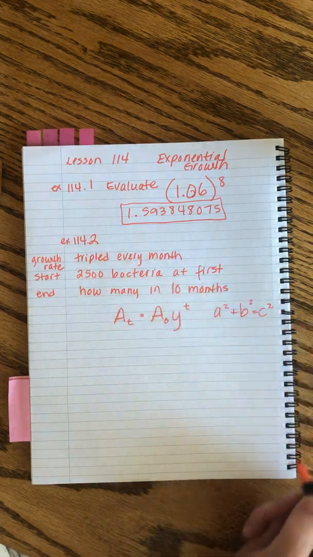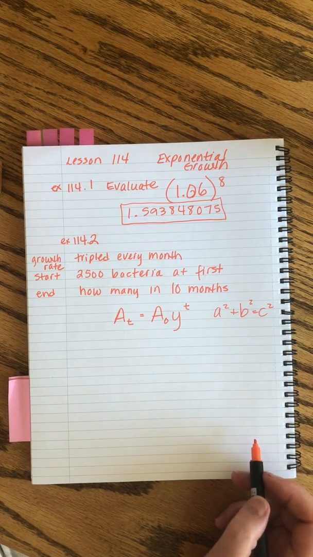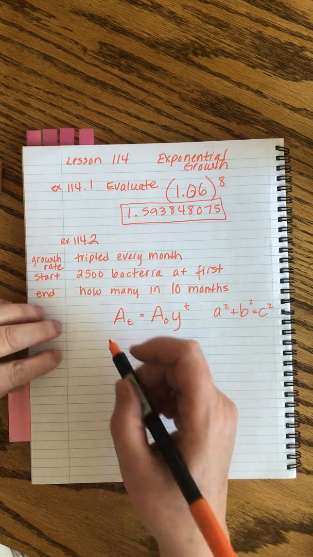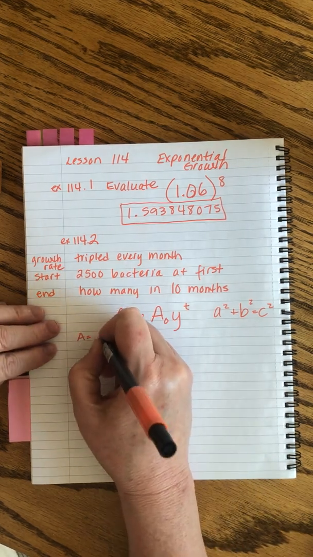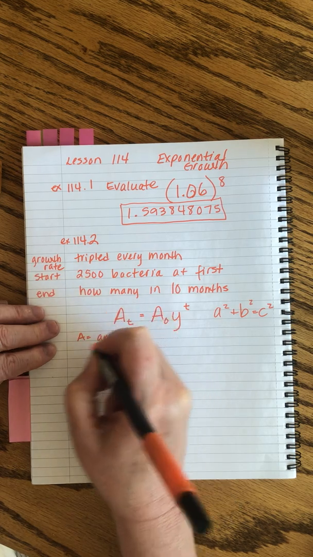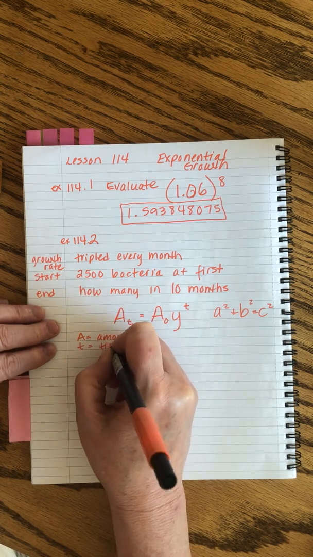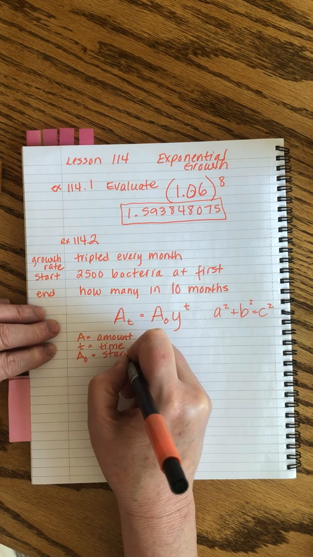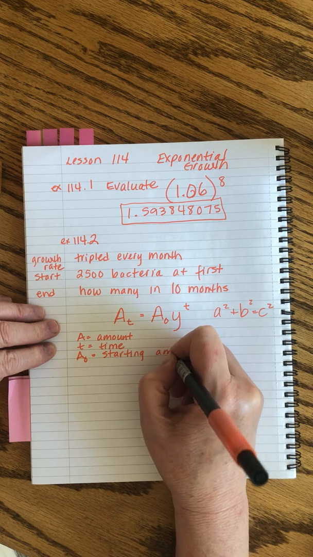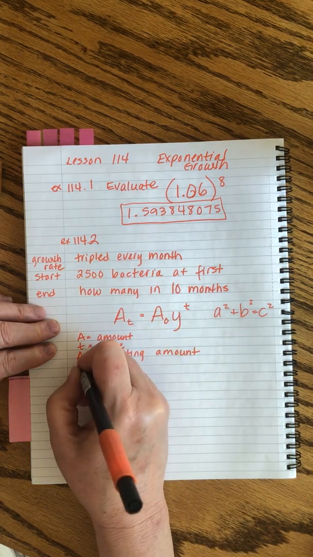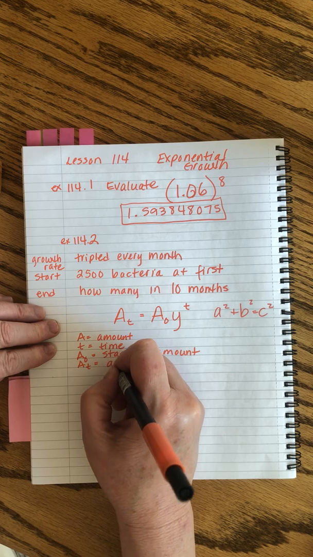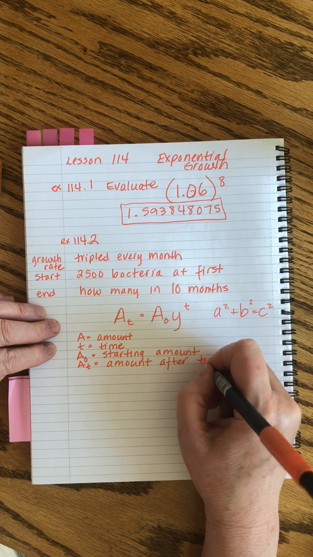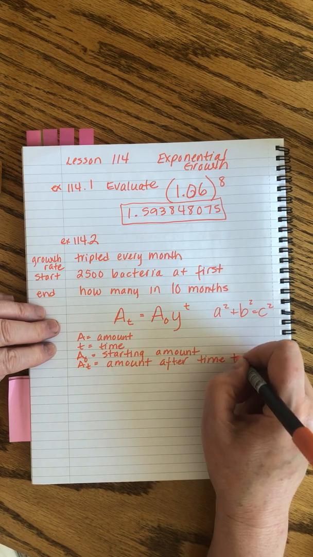Y to the t. Okay, in this expression, A equals amount, T equals time. So A sub 0 equals the starting amount, and A sub T equals the amount after time T, right?